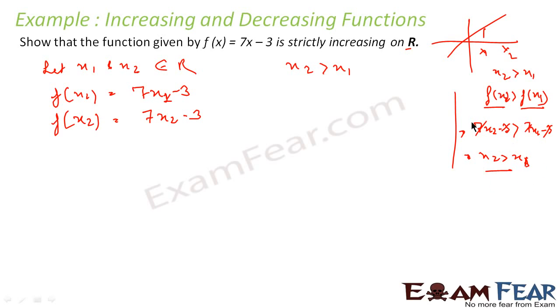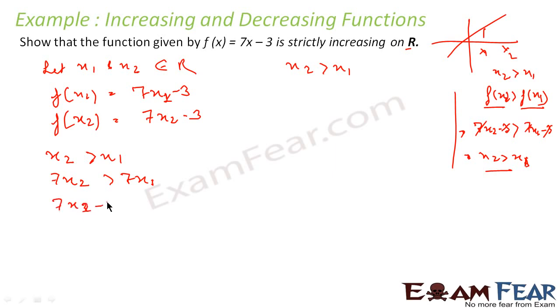That is one approach. Or I can take x2 greater than x1, multiply both sides by 7, subtract 3 from both sides, and whatever I get becomes f of x1 and f of x2. So let's do it that way. We know x2 is greater than x1. Multiply both sides by 7, you get 7x2 is greater than 7x1, correct, because 7 is positive. Subtract 3 from both sides.